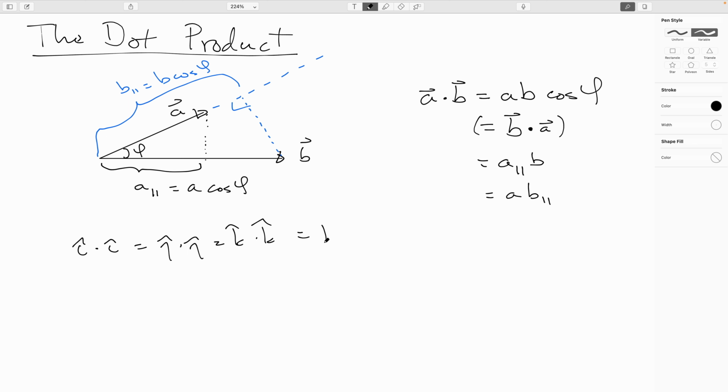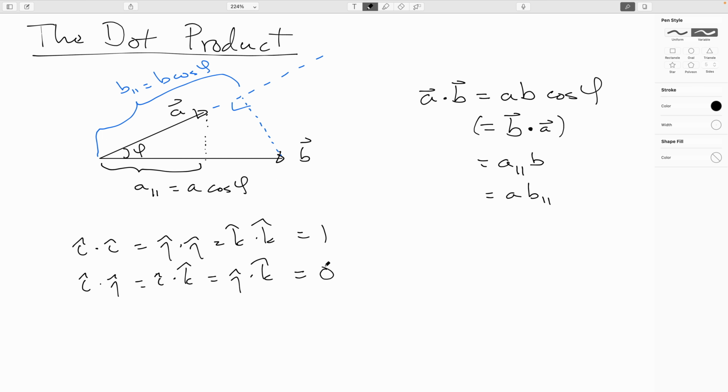Any other combination of them is going to be perpendicular. So for instance, i dot j or i dot k, or j dot k, or you could flip these because the cross products, sorry, the dot product commutes.